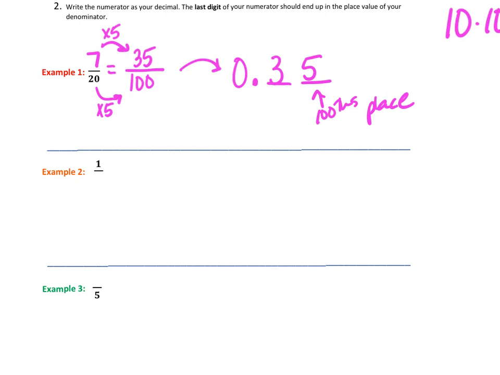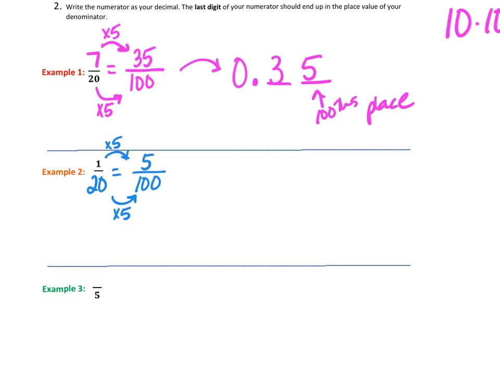Let's look at example 2. Let's call that 1/20. Same denominator we had before, but you'll see something happens on this one. So we know 20 goes into 100, so we'll use a denominator of 100. So we'll say 20 times 5 gives me 100, so I have to do the same to my numerator. 1 times 5 is 5.